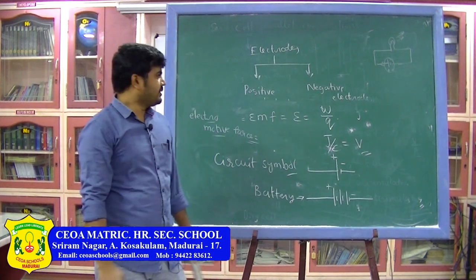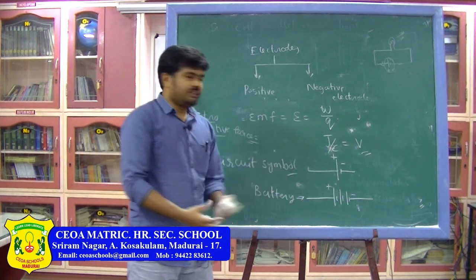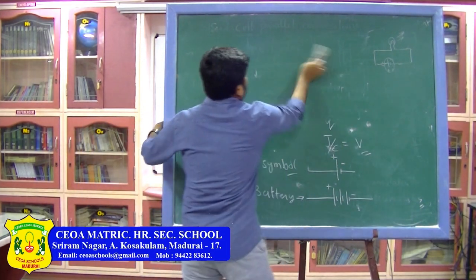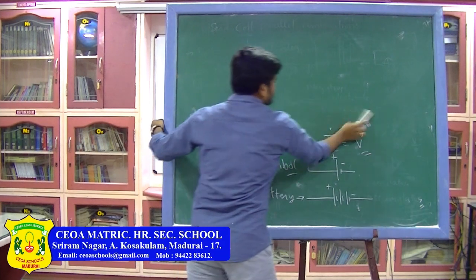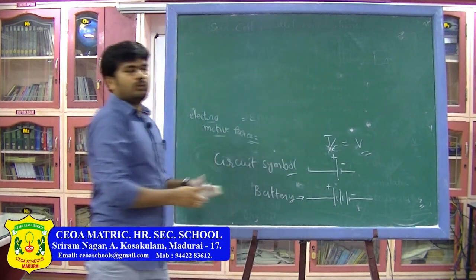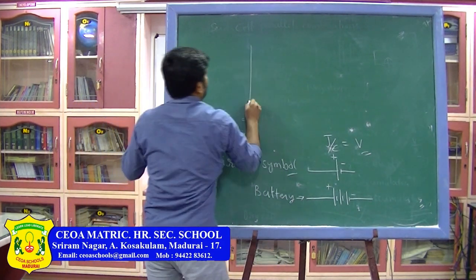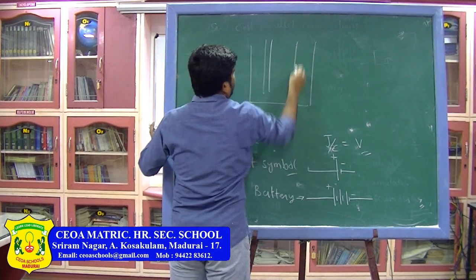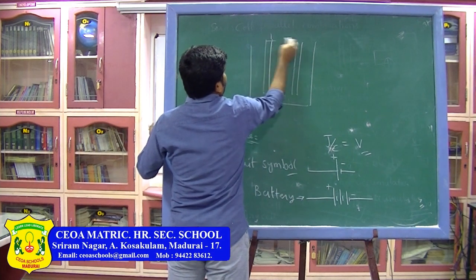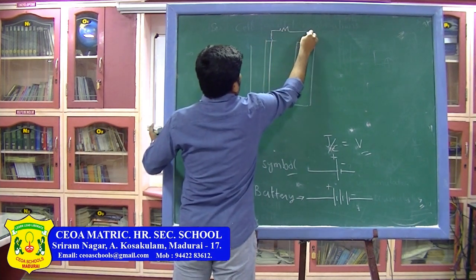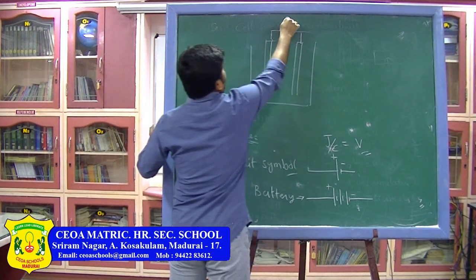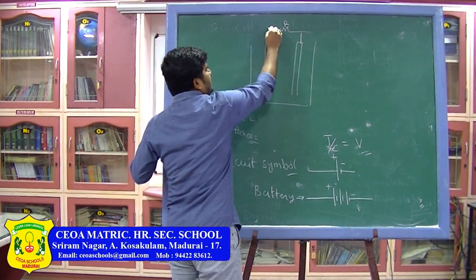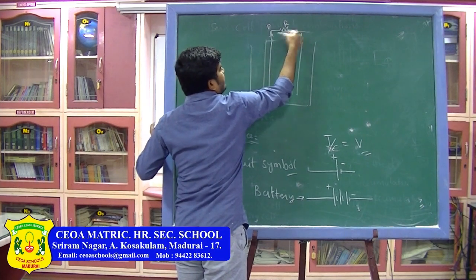Now let us discuss a simple cell circuit with one external resistor, and before that let me define what is internal resistance of a cell. As I told you, current is flowing from positive to negative in the external circuit, if this is the resistor R. When the circuit is closed, current will flow from high potential to low potential in this direction.